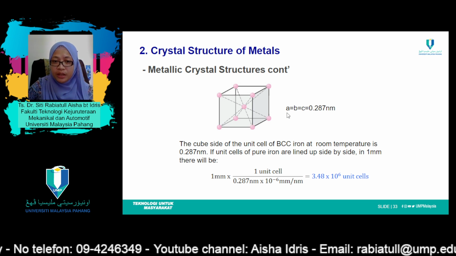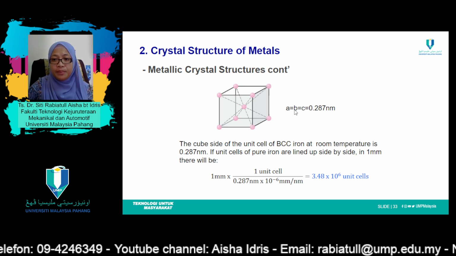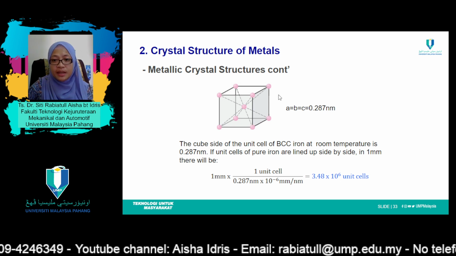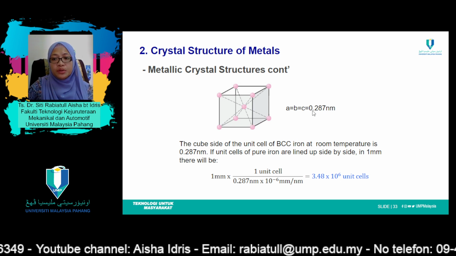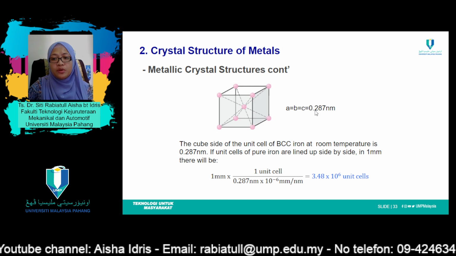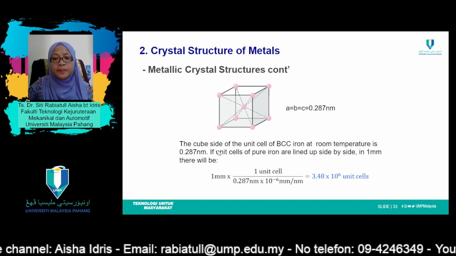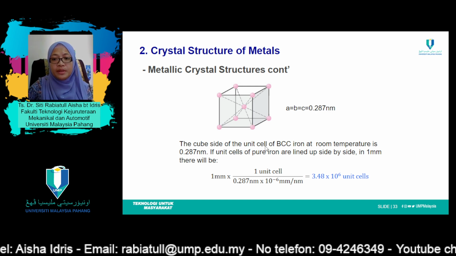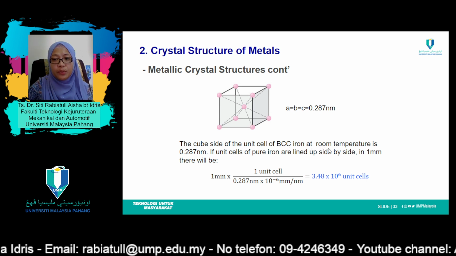Now, the parameters already introduced to you are A, B, and C. Just now, A, B, C equals 0.287 nanometer, which is the cubic side of the unit cell of BCC iron at room temperature.